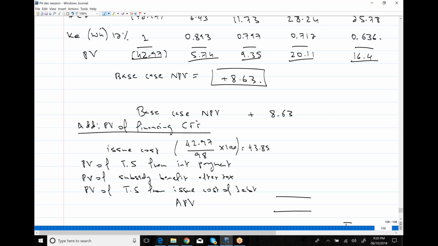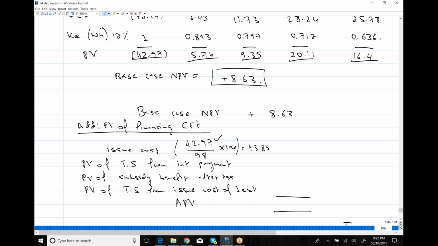So this is the finance that I will raise from the bank. I will raise 43.85. Then from that I will minus the issue cost, and at the end of the day I will be left with 42.97, which I need for this project.